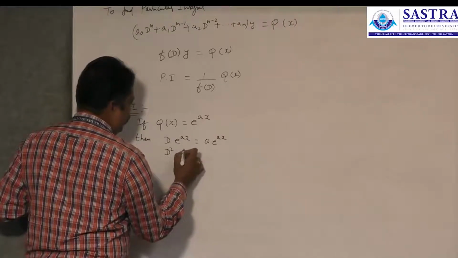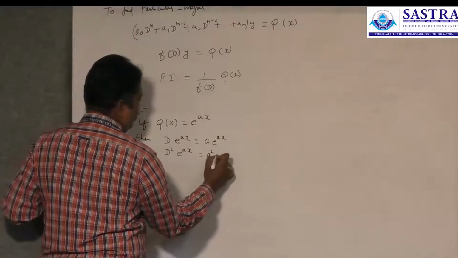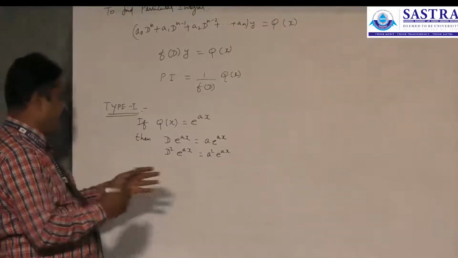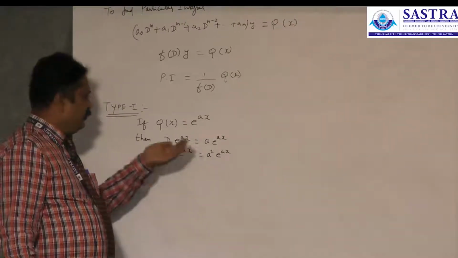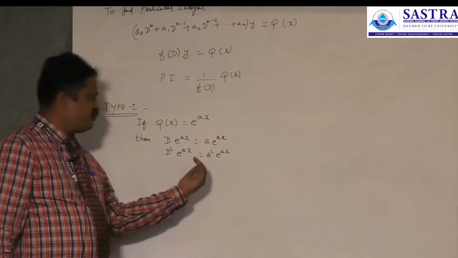If you operate D square upon e^(ax), we get a square e^(ax). That is, when you differentiate e^(ax), first time we get a times e^(ax), second time we get a square times e^(ax).